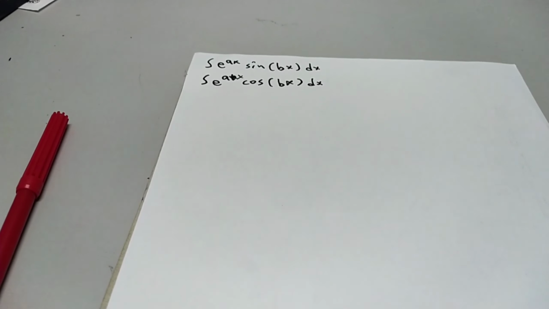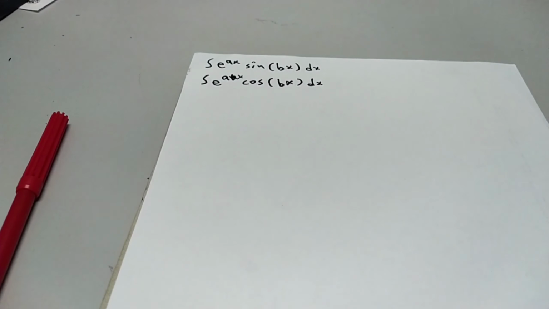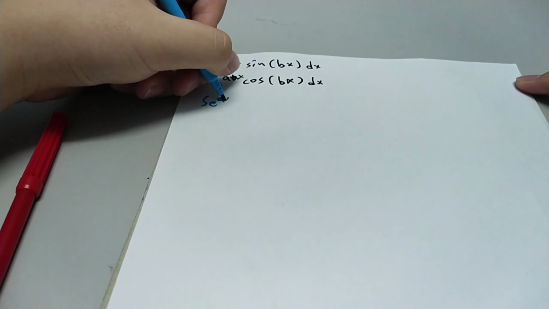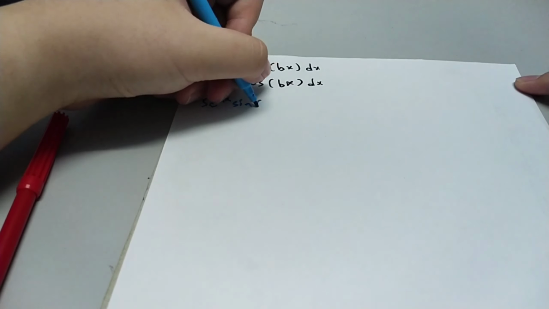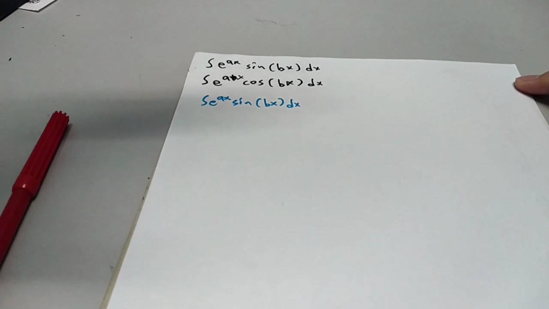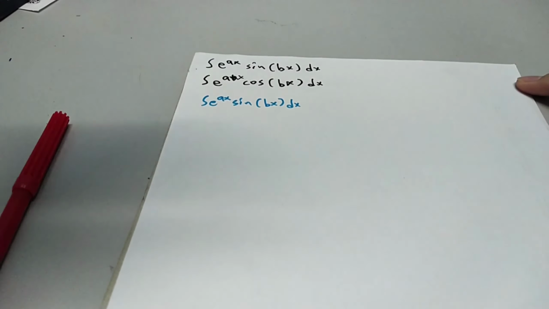So here's how. Let's start to solve these two integrals using integration by parts. So let's solve the integral of e to the power of ax times sine of bx dx. So as I said, here's how you solve this integral using integration by parts.